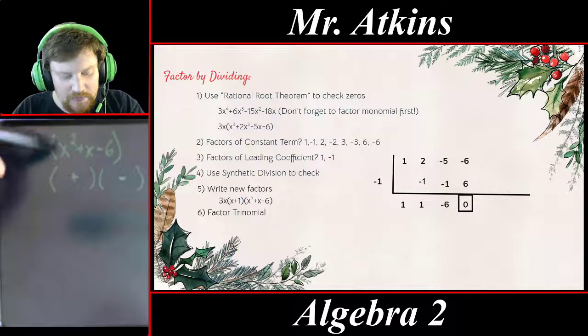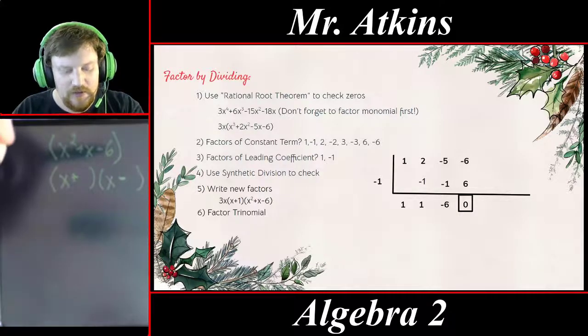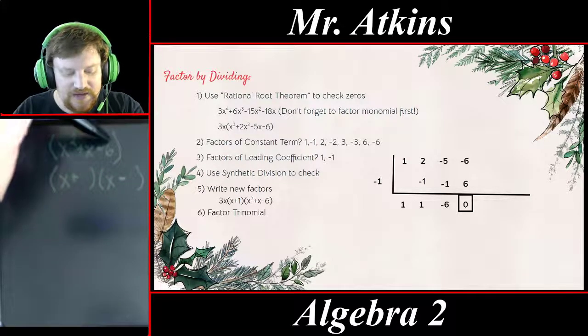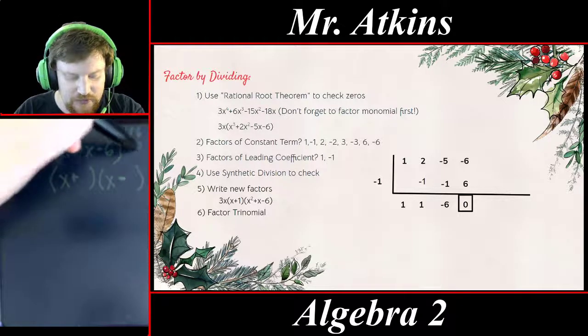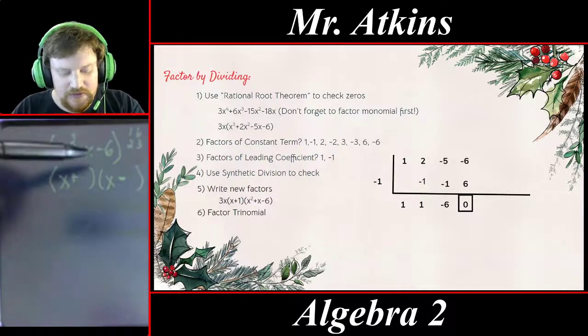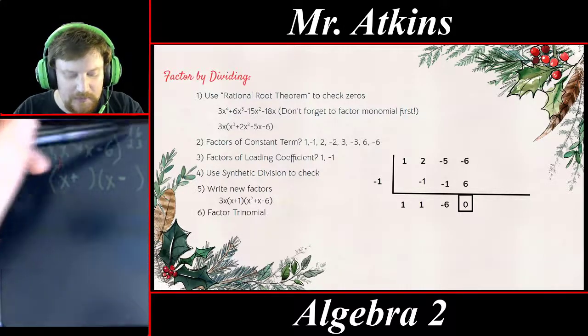Since the coefficient of our x squared is 1, we know that these are both x's. We need the factors of 6, which are 1 and 6, 2 and 3.